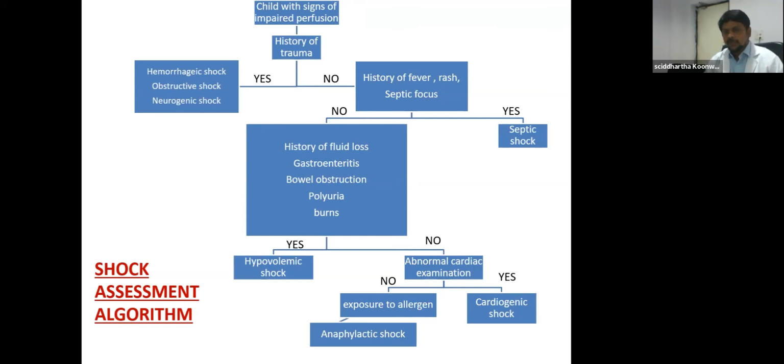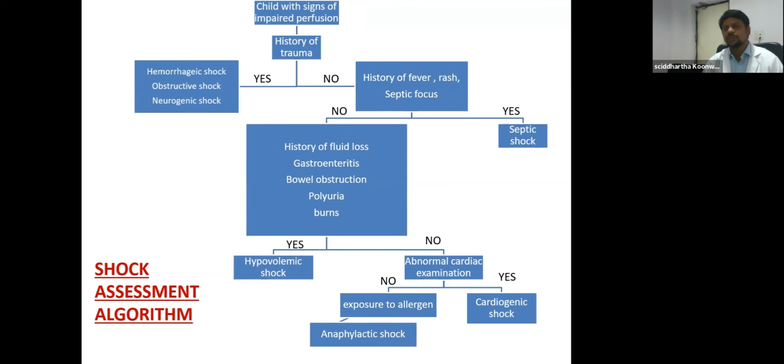If there is no history of trauma, then we ask for the history of fever, rash, and any septic focus, whether the patient is having UTI or pneumonia. If the answer to these questions is yes, we would suspect the patient might be in septic shock.